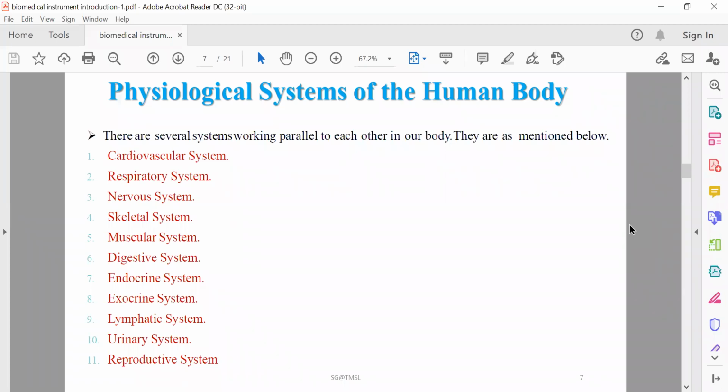These are used to provide nourishment, and it helps in fighting diseases, and also stabilizes the temperature and the pH to maintain homeostasis. Okay, so that is what happens in the cardiovascular system.